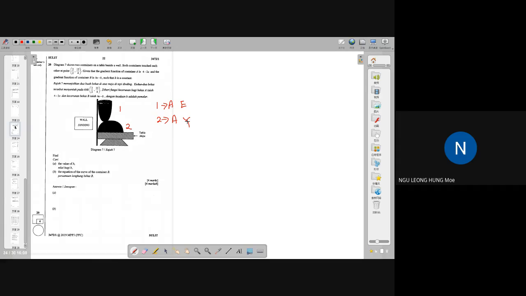Izzat says number 2 is container A. Darren? E. Okay. How about the others?